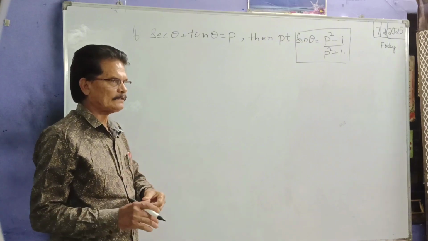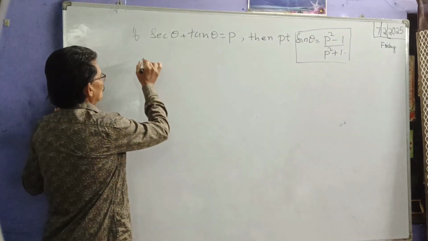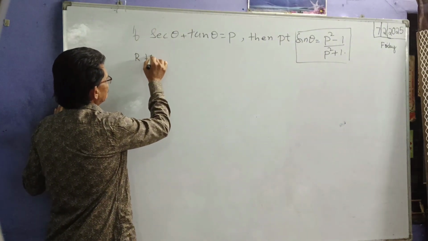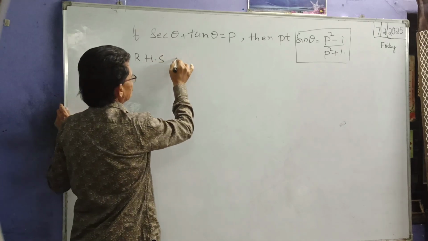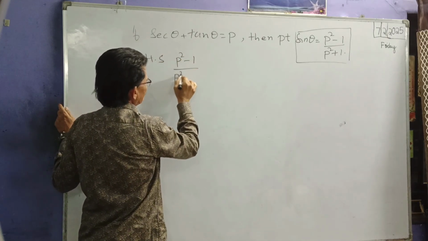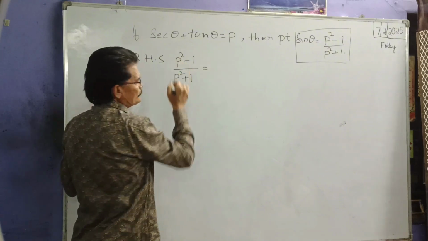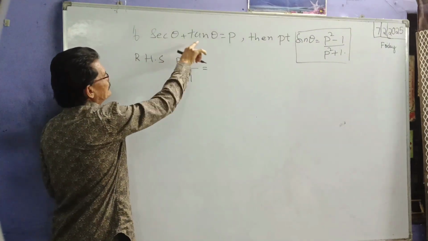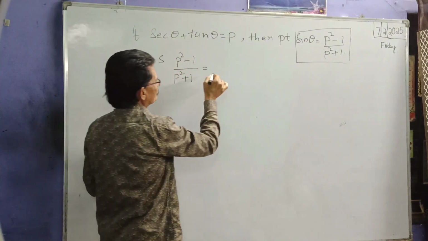Listen very carefully. RHS. What is RHS? P square minus 1 by P square plus 1. And what is P? Sec theta plus tan theta. Substitute.